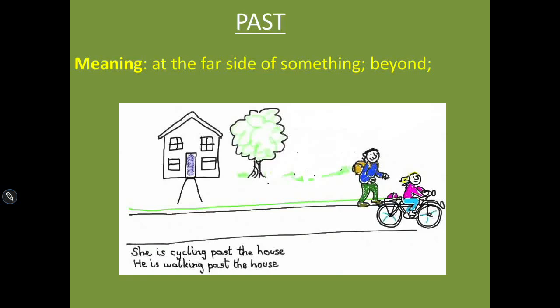Similarly, the boy is walking past the house, which means the house is left behind and he is moving forward. And the other way is also, if I ask what is beyond this house, I can say there is a temple. Beyond means on the other side of the house.